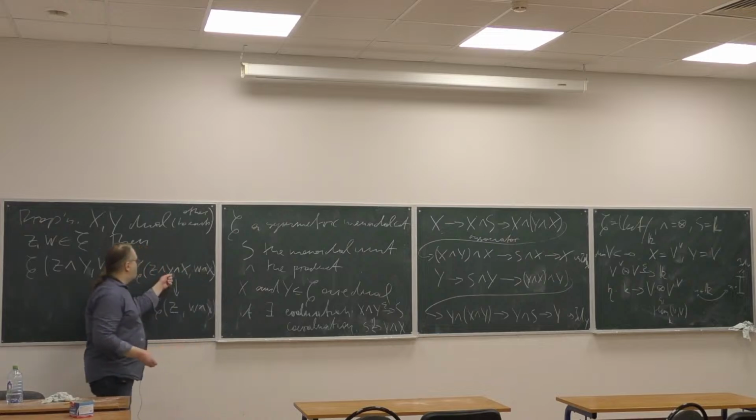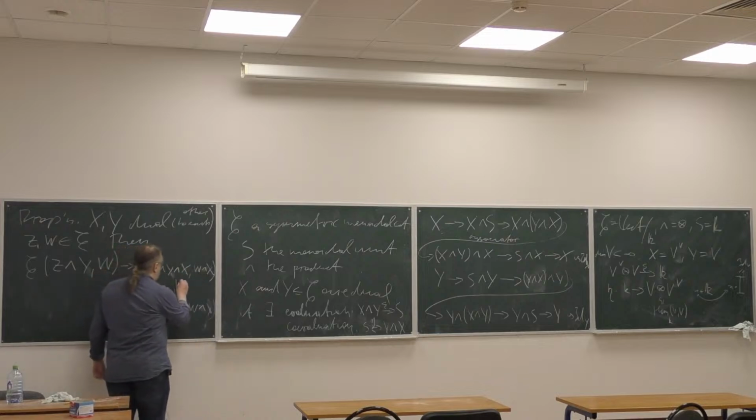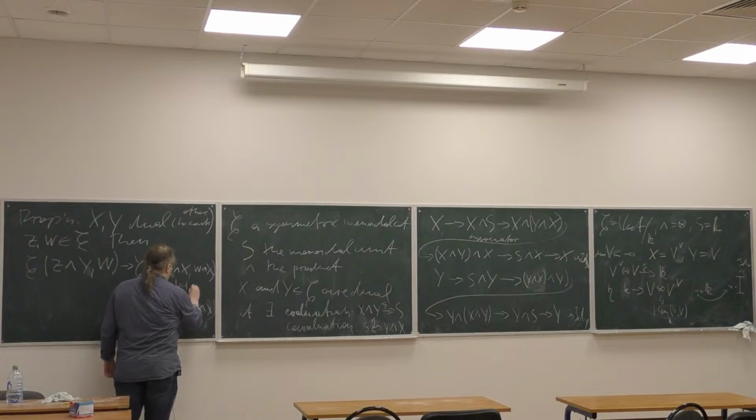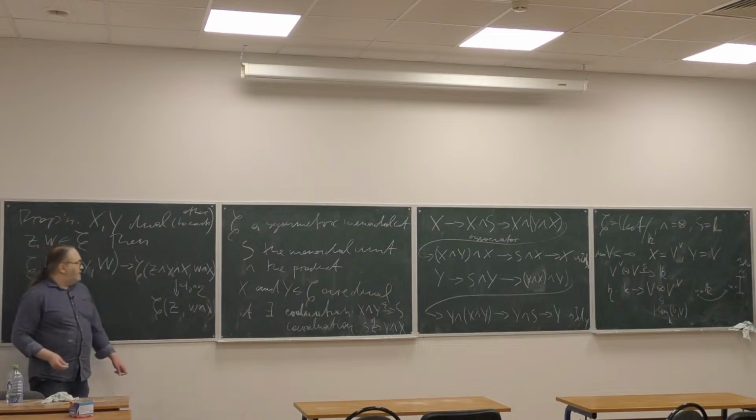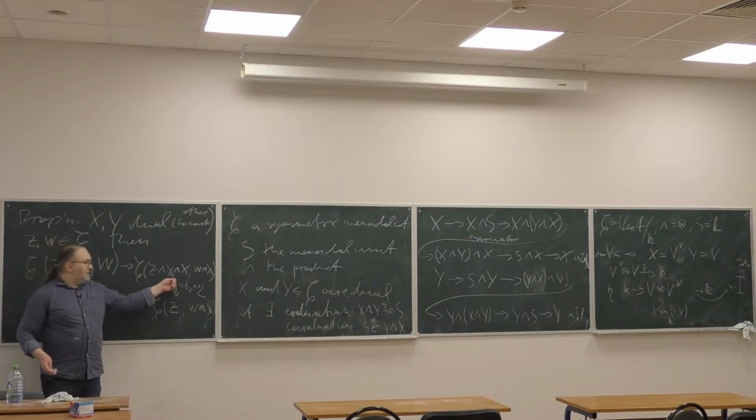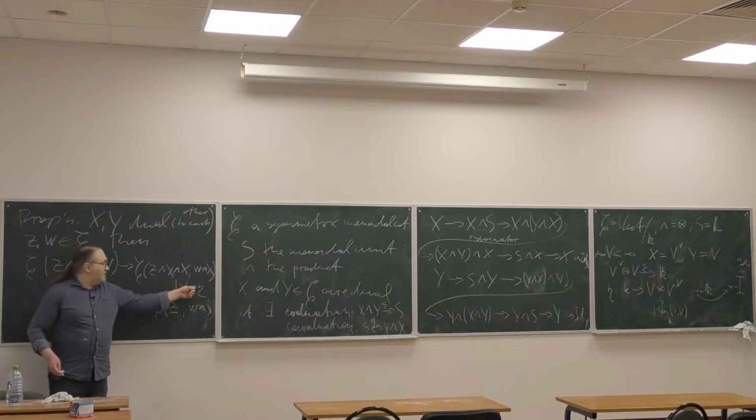So this map is the identity of Z. This map is induced by the identity of Z, wedge eta.